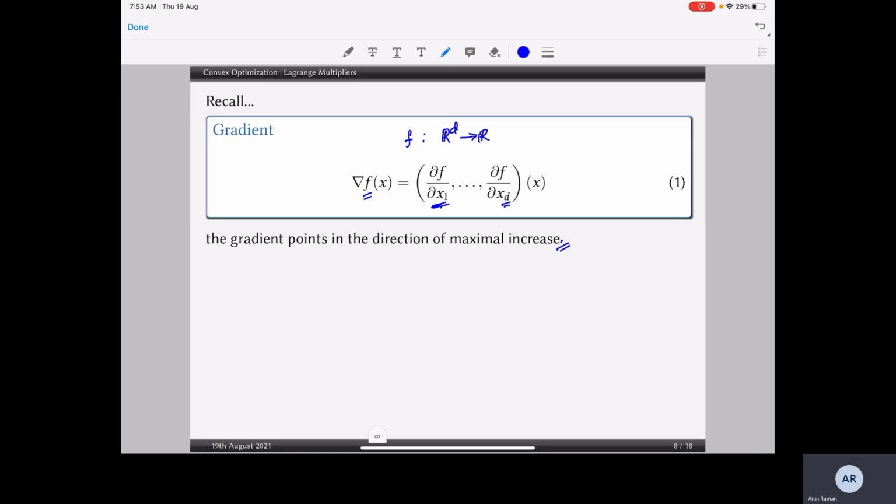To see how the statement makes sense, that the gradient points in the direction of maximal increase, let us suppose v is the direction of maximal increase.